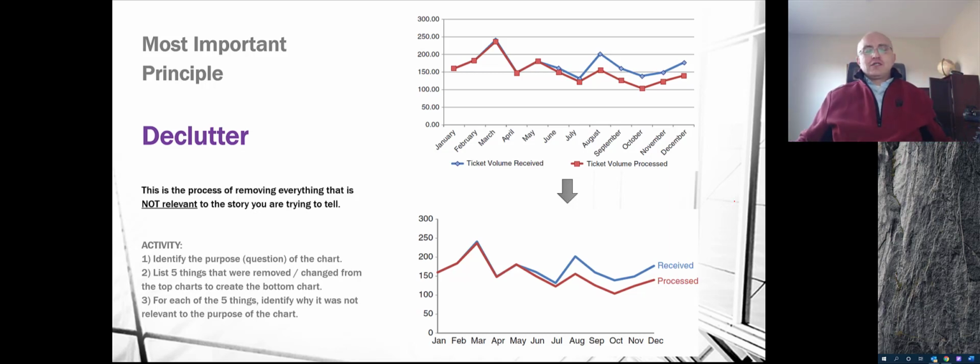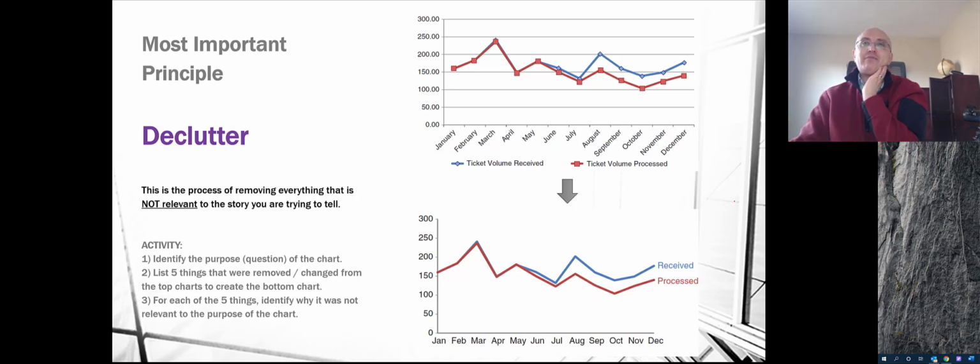What I want to focus on now are specific principles to create a single viz in an aesthetically pleasing manner. These all come from Nicole Knaflic's book, the one I referred to that's really easy to read. The library has her book online and you can read it.